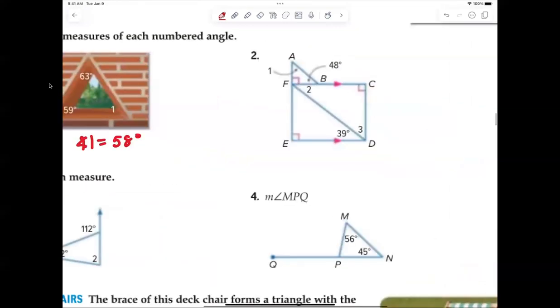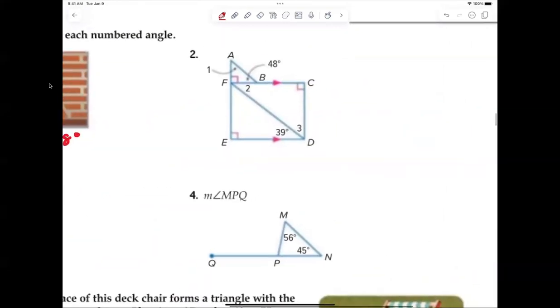All right, number 2. We have to figure out what angle 1 is, angle 2, and angle 3. What is angle 1? 42 degrees.